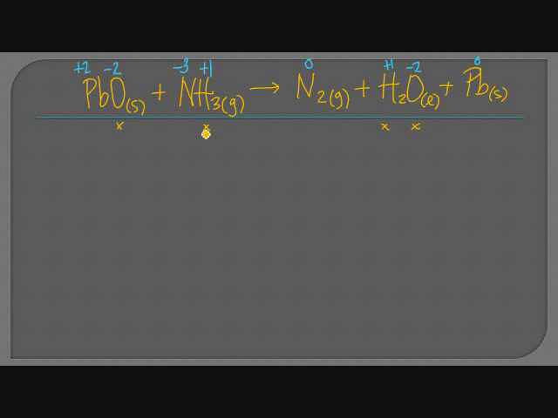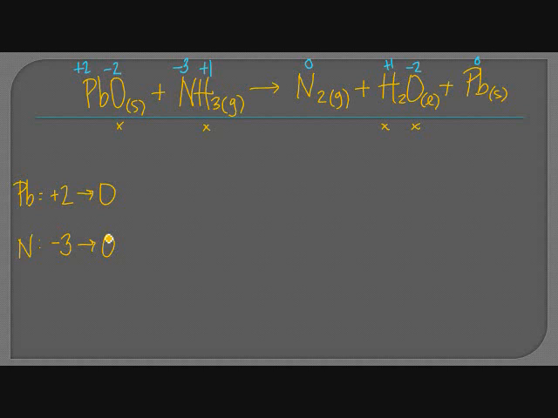Since their oxidation states aren't changing, then that is considered to just not be a part of it. Okay? But the lead starts with a +2 and it goes to being 0. And the nitrogen starts out as a -3 and it goes to being 0. Okay? So those are the parts that we're going to have to make sure that the electrons stay balanced.